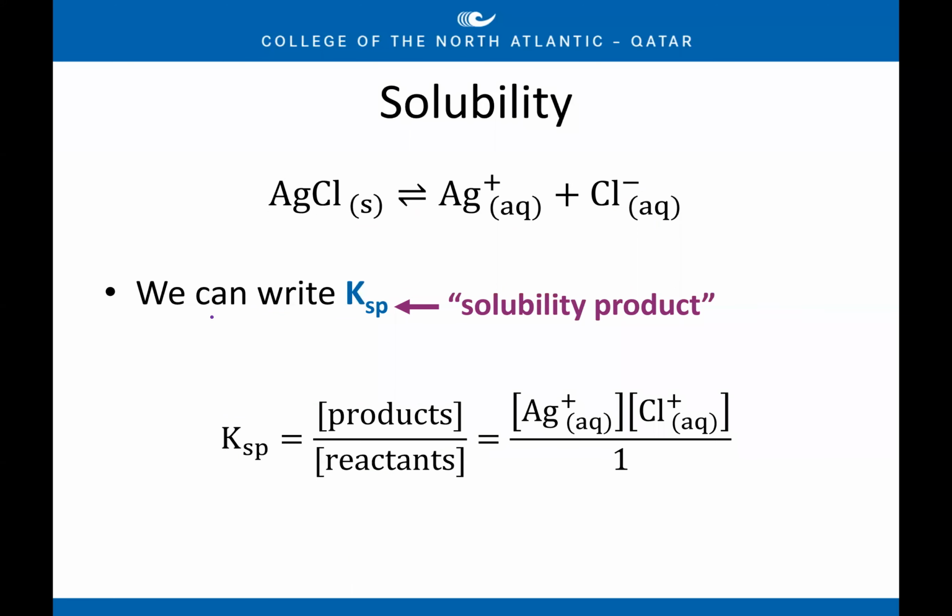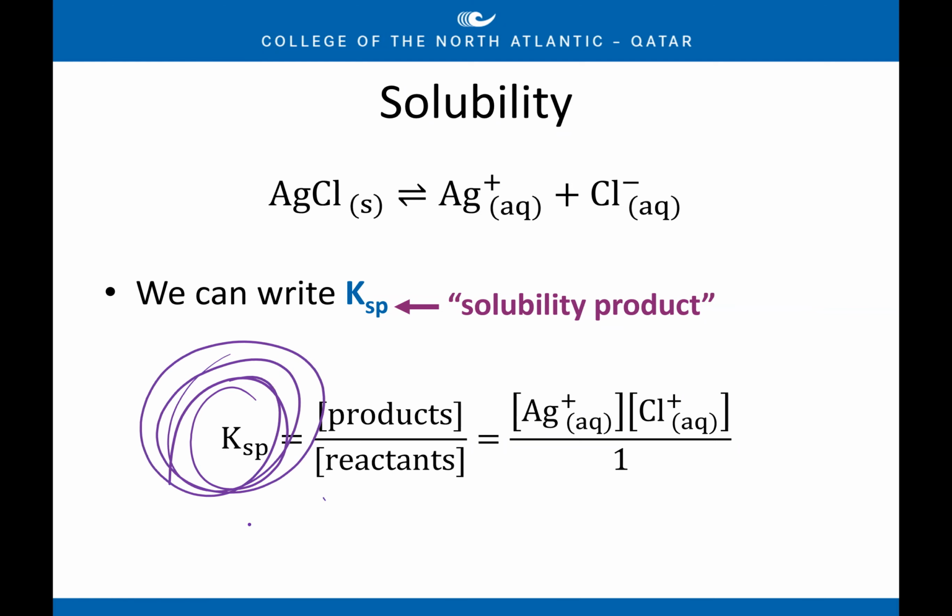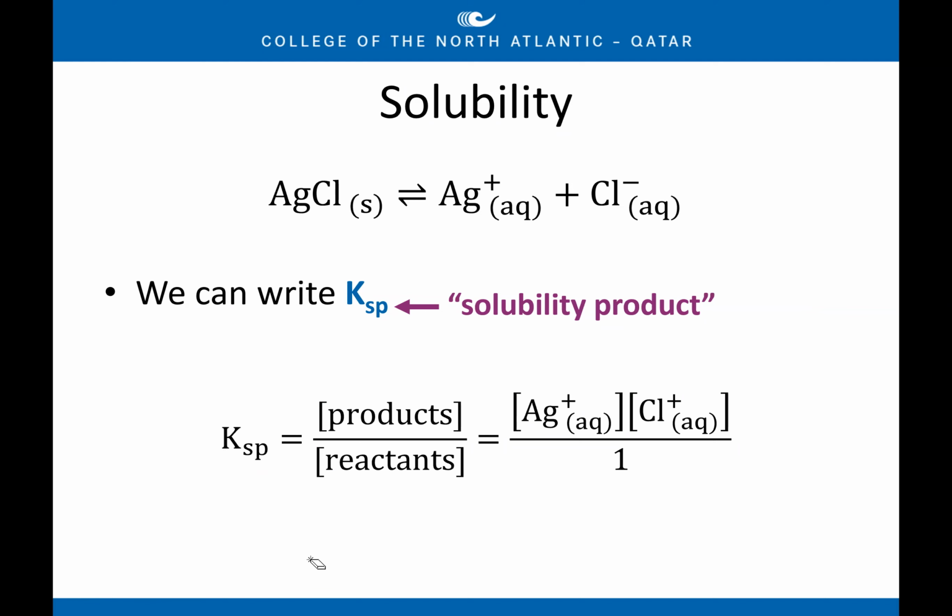Where I'm going with this is we are going to calculate Ksp. Huh, another K, right? You're thinking, you already learned Kc, you learned Kw, you learned Ka. Here's another K. What does Ksp mean?